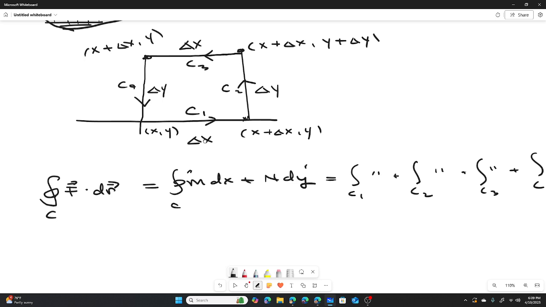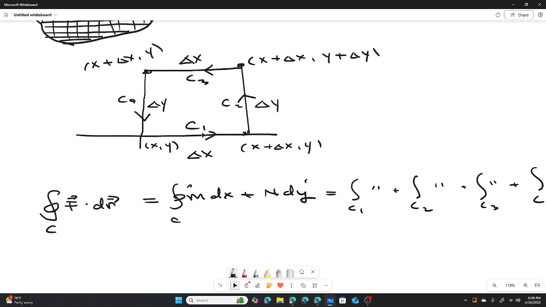Let's look at C1. One thing that stands out when we draw this rectangle is that there is a certain sense of symmetry. C1 and C3 are changing with respect to x, whereas C2 and C4 are changing with respect to y.